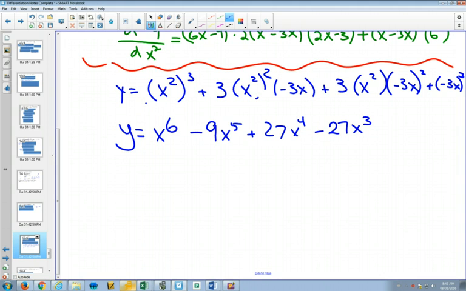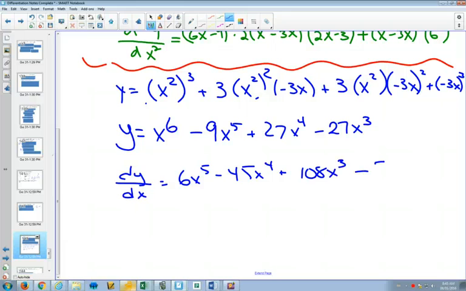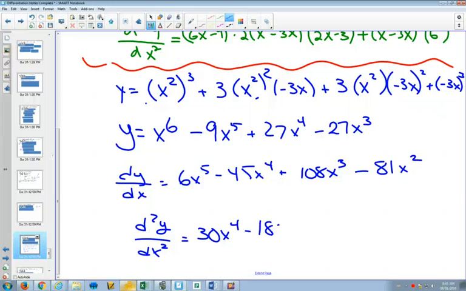But anyways, now that we've done it, can you see how easy the derivatives are? Except for the 27 times 4, right? And then when you take the derivative again, they're also easy, except for the big numbers, right?